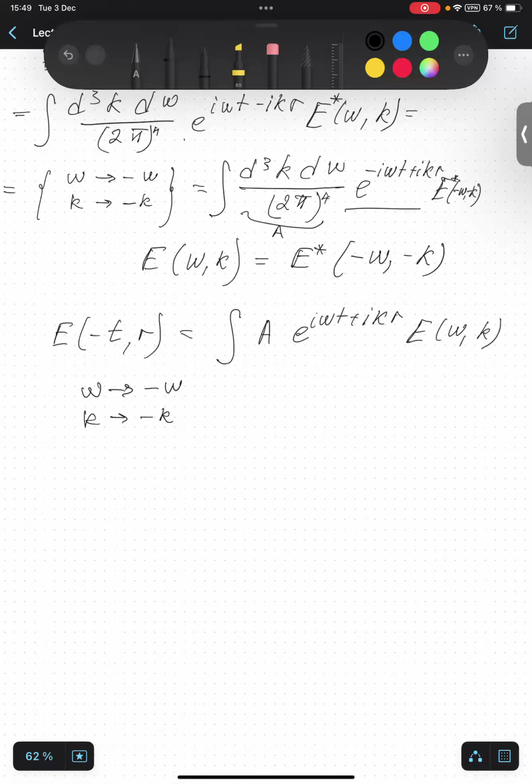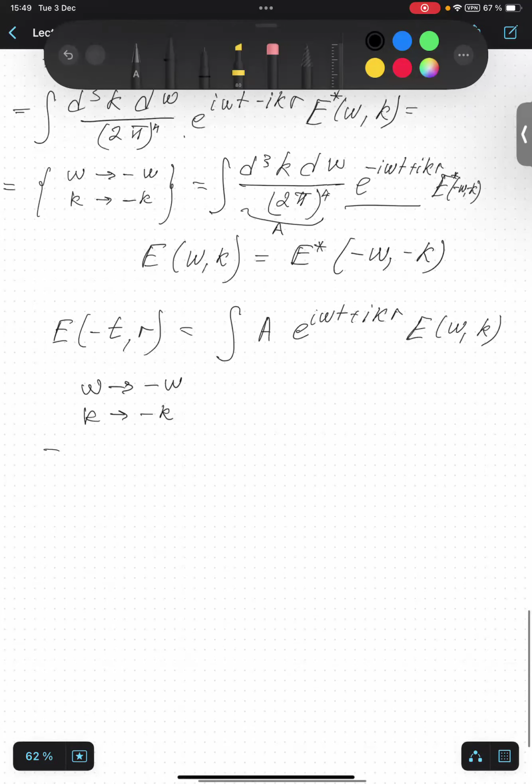What will we see? Again, write a: e^{minus i omega t minus i k r} E(minus omega, minus k).